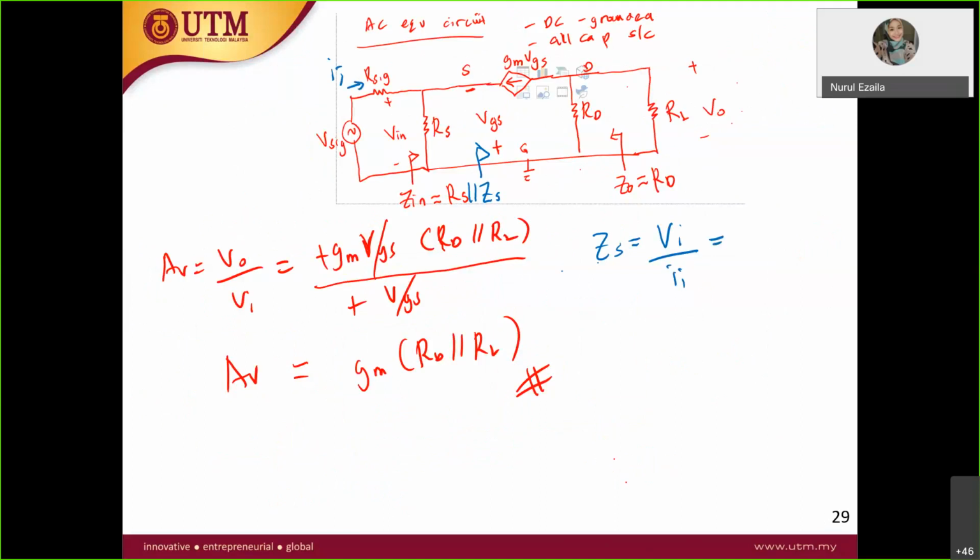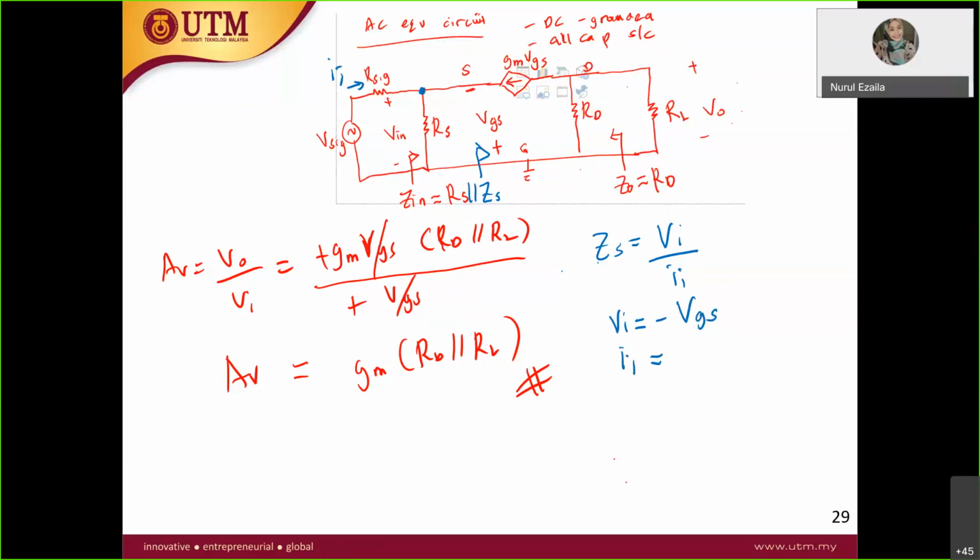So V in is equal to what? Can someone give me V in? What is V in? Yes, negative VGS. Okay, what is I in? The tip is actually by using KCL over here, at this node.